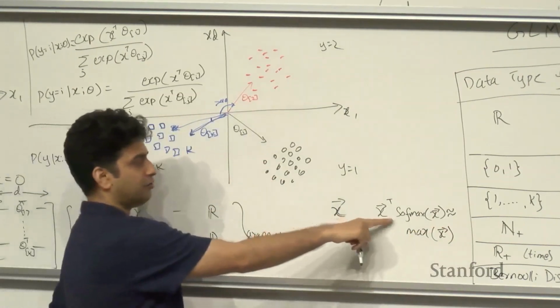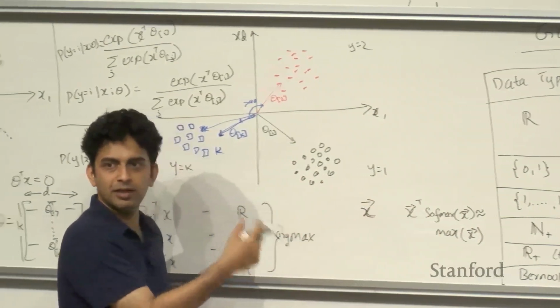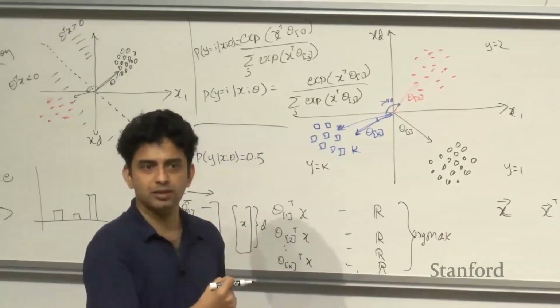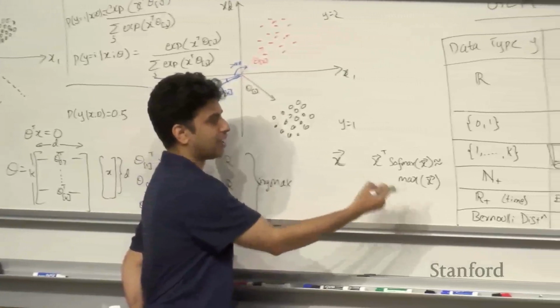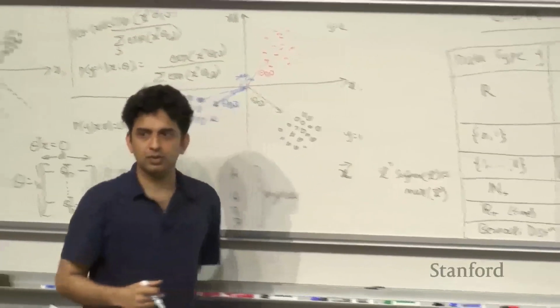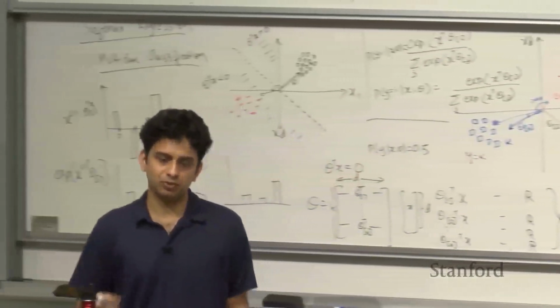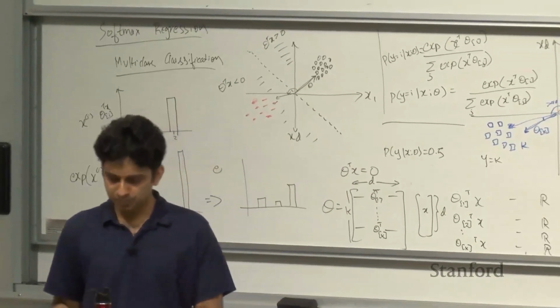And this is differentiable. You can do gradient descent, etc. It's a differentiable, smooth way of extracting the maximum component of some x. So that's why it's called the softmax.